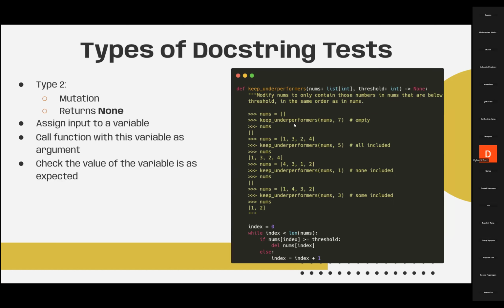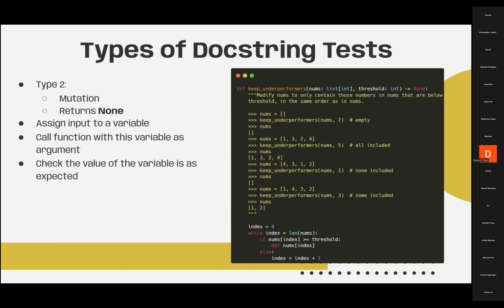And type 2 is where you have some sort of mutation. Normally you have this for a little bit more complicated function like this one. And then, for instance, maybe you have multiple inputs, which maybe are objects themselves, which you defined earlier. But the general format is still the same. If you have an input, assign the input to the variable, and then call the function with this variable, and afterwards you want to give the return value right after it's called.